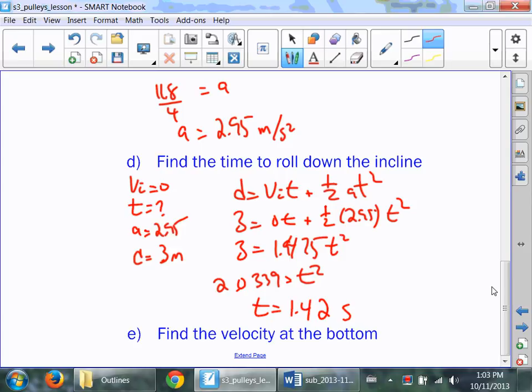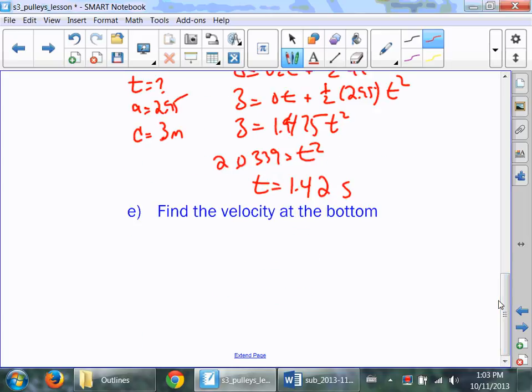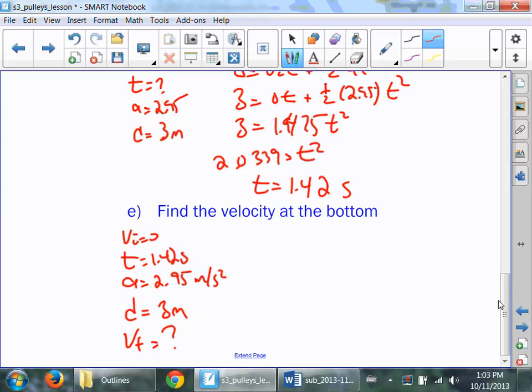Now, what's the velocity at the bottom? Well, we know the initial velocity is 0. We know the time is 1.42 seconds. We know the acceleration is 2.95 meters per second squared. We know the distance is 3 meters, and we want to find the final velocity. So we can use pretty much anything we want.